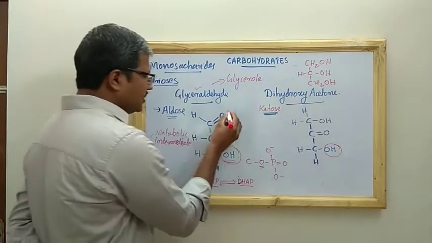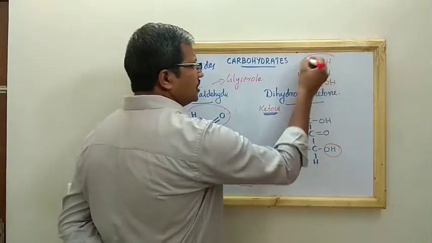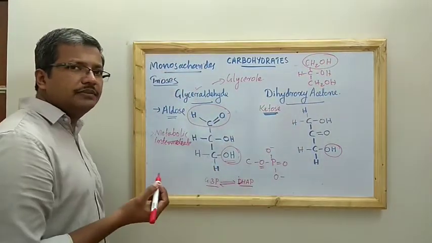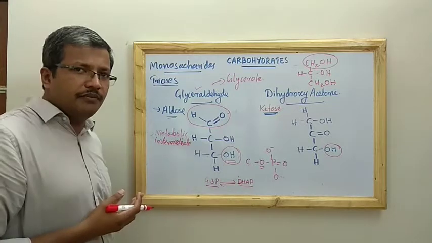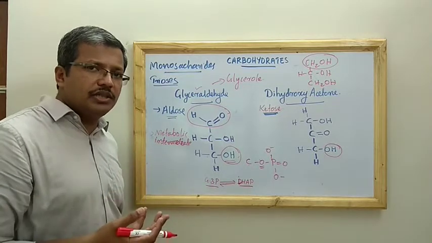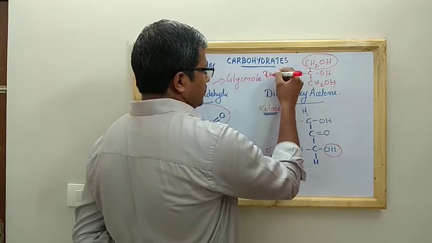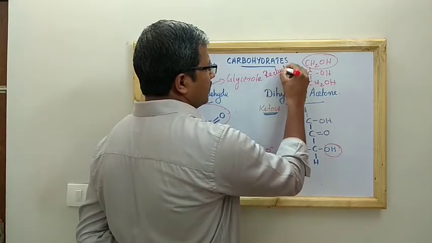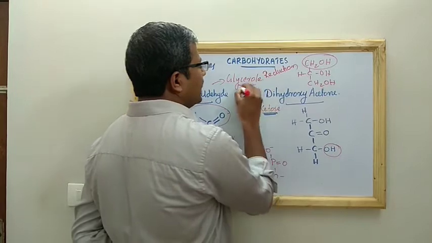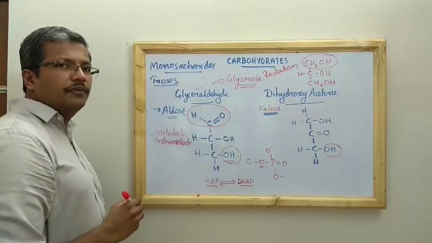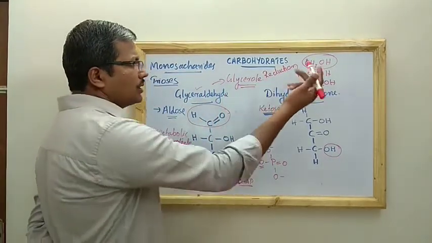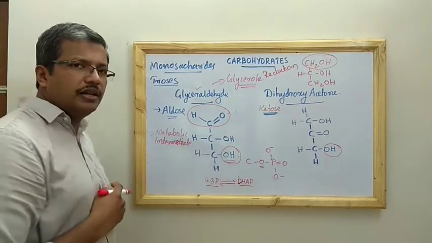So what is the change here? CHO changed to CH2OH. What is added there? 2 hydrogens are added. So addition of hydrogen is actually reduction. So glyceraldehyde undergoes reduction to form the alcohol known as glycerol, and glycerol undergoes oxidation to form glyceraldehyde.